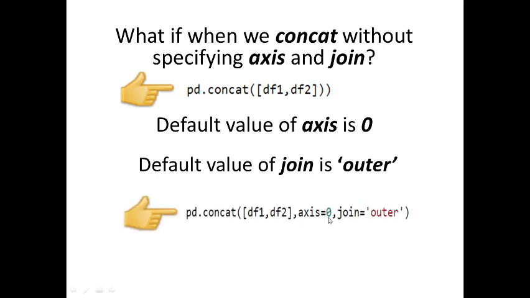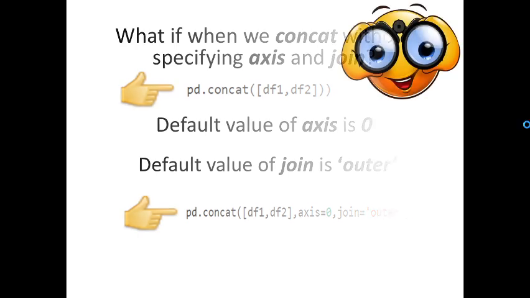Axis equals to 0 and join equals to outer. Outer means we are combining all rows and all columns. So this we have seen when we write concat function without parameters. Only one parameter is there, that is list of data frames to be concatenated, right?